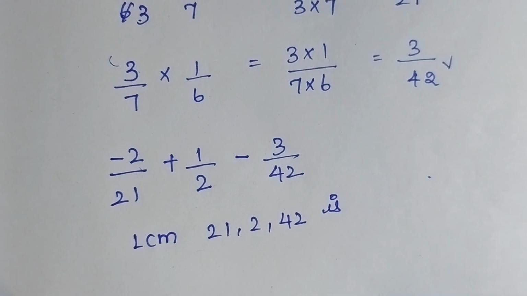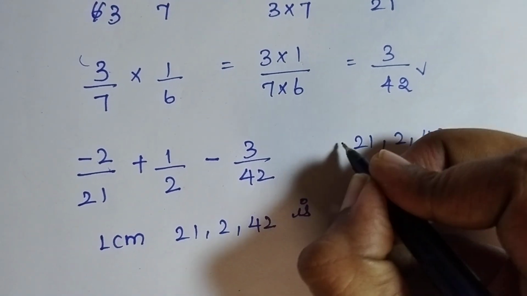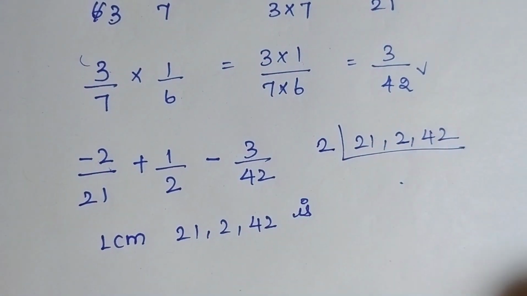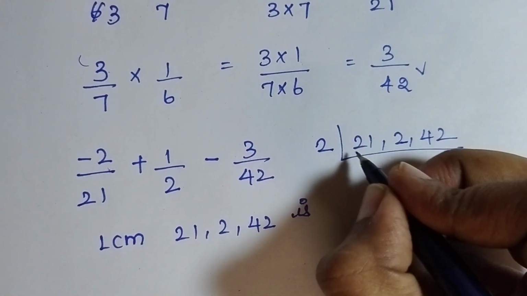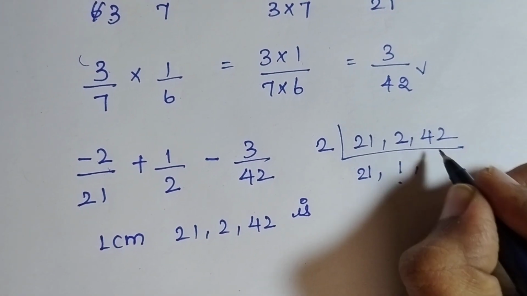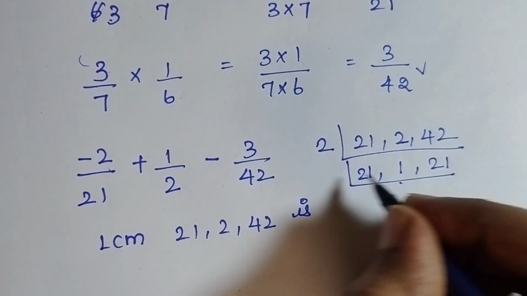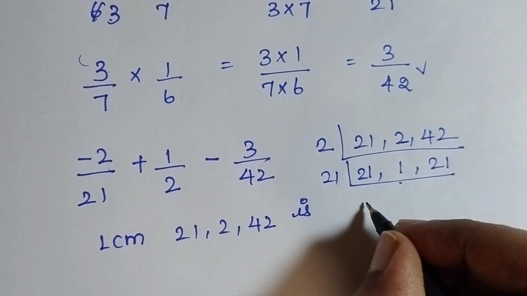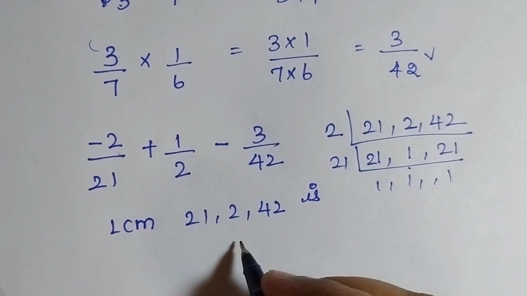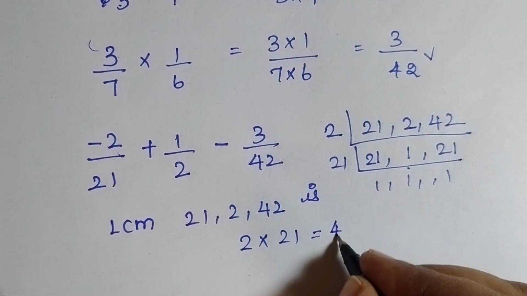If we see here, 2 will be common for these two, so I am going to use that 2. 21 doesn't contain any 2, so I am going to write it as it is. 1 2 is 2, 2 2s are 4, 1 2 is 2. After that, both have 21, so the common term is 21. So the LCM for these is 2 into 21, which is equal to 42.